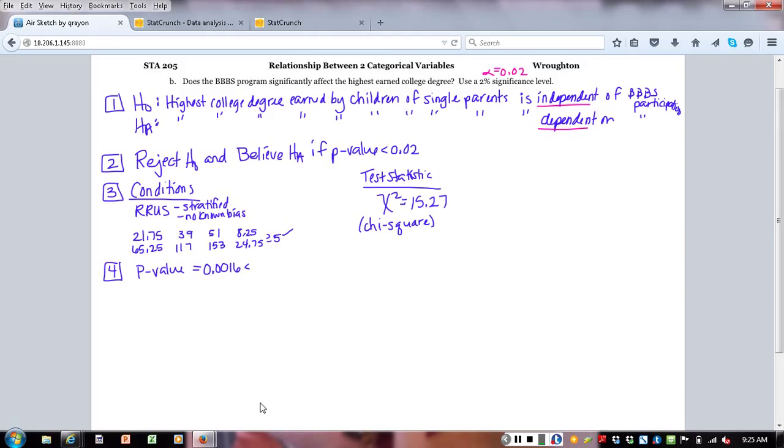Going back to step 2, that is less than our significance level of 0.02. So we are going to reject the null and believe the alternative. Then finally in step 5, same format, so we start with our alpha.